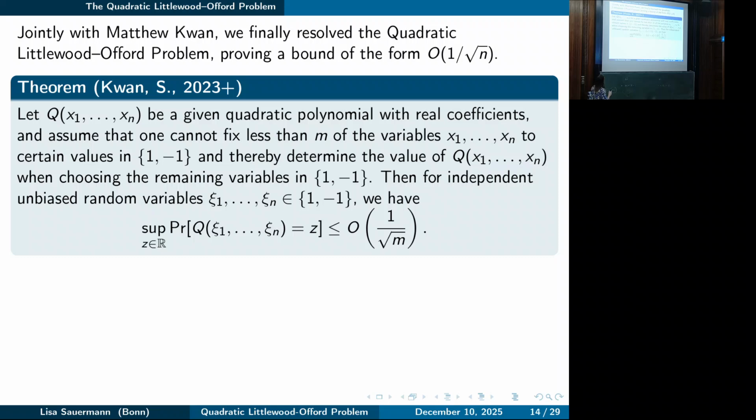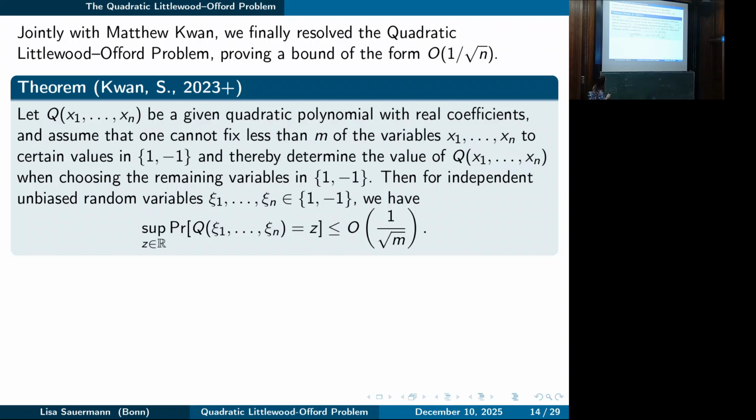Then what we show, and that's more important than the exact assumption, is that if we take psi 1 to psi n in minus 1, 1 independent uniformly random, then the probability to take any particular value z is at most a constant over square root m.